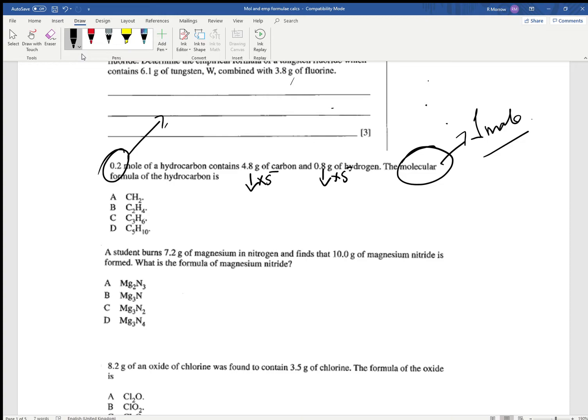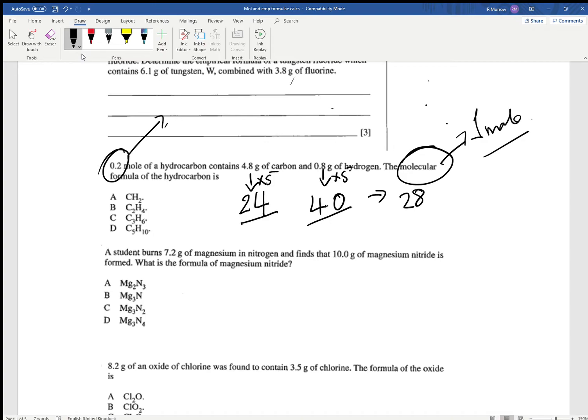So 4.8 times 5 would give me carbon 24. And then 0.8 times 5 is 4, isn't it? 4.0. Now this looks kind of like an empirical or molecular formula question, but in actual fact, if I do it that way, I get that this RFM has to be 28.